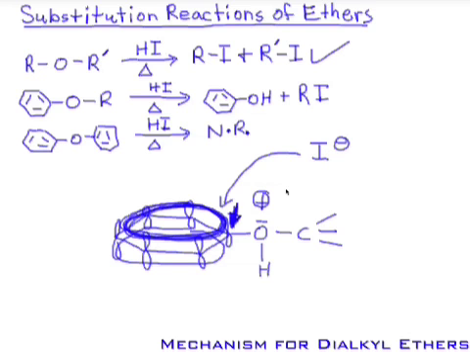But let's look at this case and see if we can explore this mechanism more closely. Now I'm going to draw a flow chart, although we could split this reaction up into multiple steps.